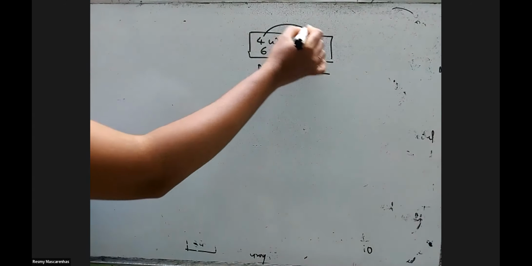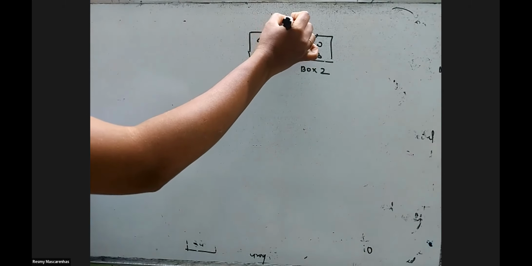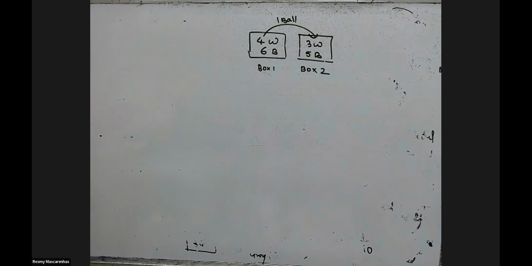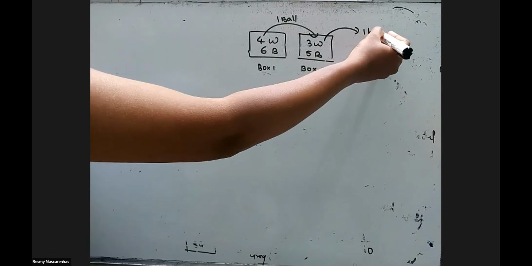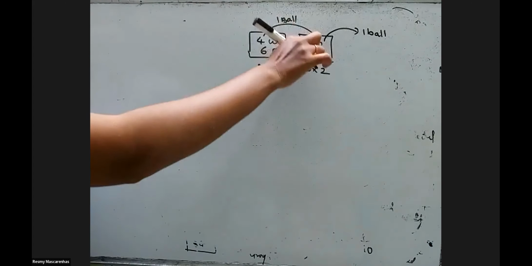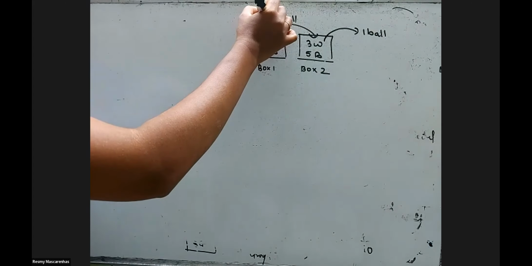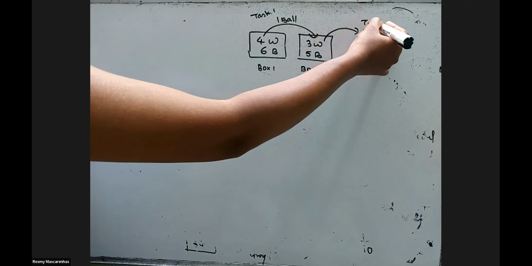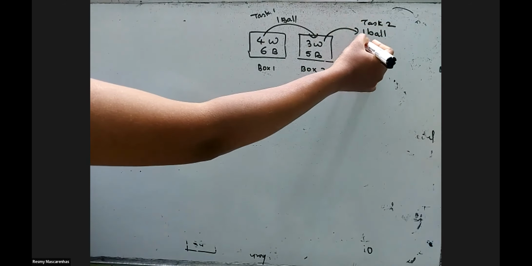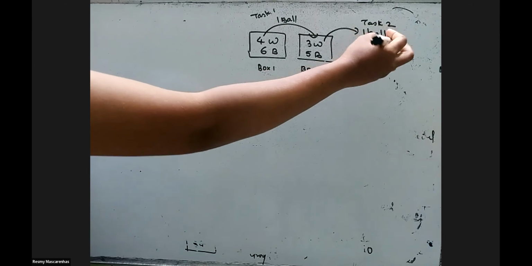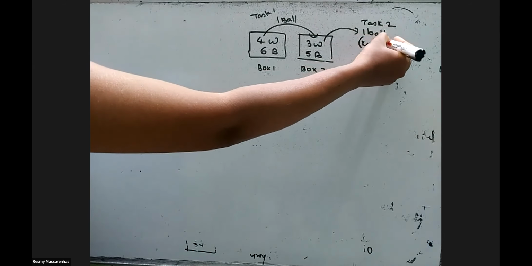Now same thing, one ball is transferred, so you don't know whether it is black or white. And then one ball is removed from here after transferring. This is the second task. So this is task 1 and this is task 2. So task 2, what is being asked? The main event is, what are the chances that this ball is white?